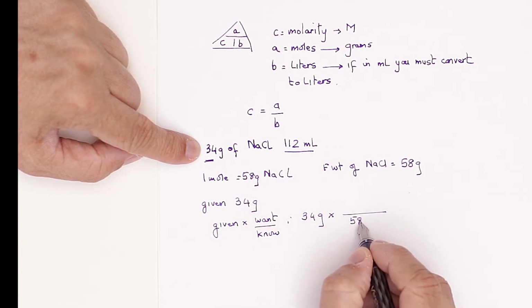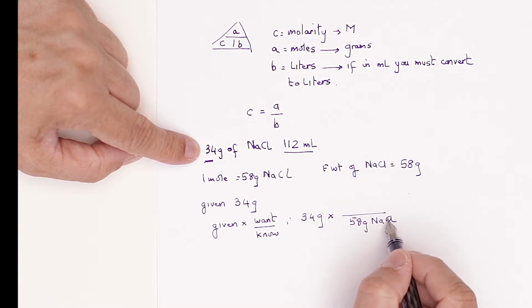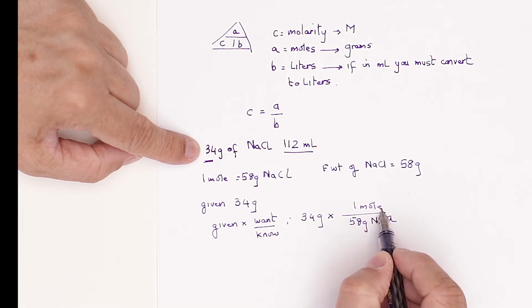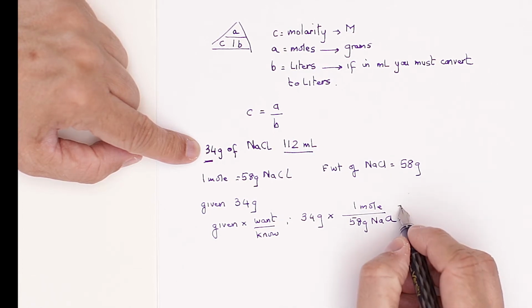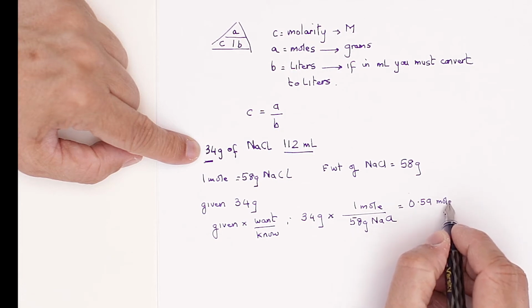So we're going to put 58 grams sodium chloride on the bottom. And that's a Cl, by the way. And up here we've got 1 mole. So when we divide 34 by 58, that gives you 0.59 moles.